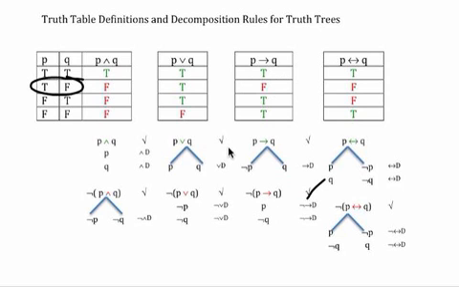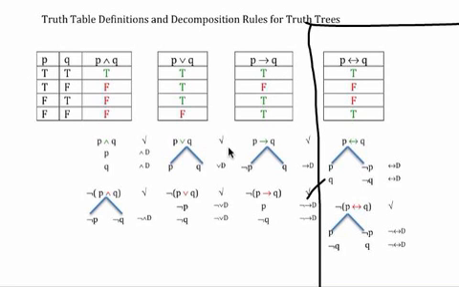All right, so our final operator, the biconditional. We notice the uniqueness of the biconditional is that this is the one operator where we have 2 rows of the truth table where it ends up true, and we have 2 rows of the truth table where it ends up false.